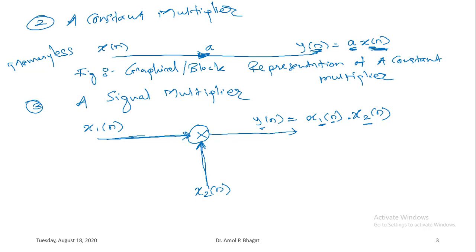If you observe this output, it depends on the current input that you have applied at the present time instance small n. So it depends on the input x1 of n and x2 of n. It doesn't depend on any other value. Therefore, again, this operation is memoryless. It doesn't require any memory.